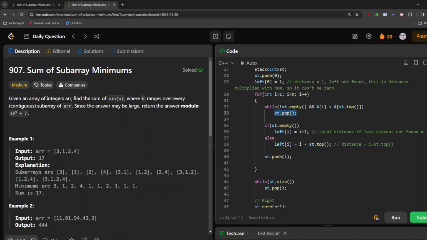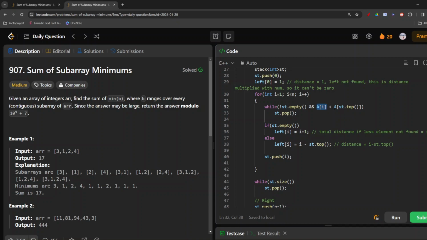Here we are trying to find the next smallest number. So we check whether whatever is at the top of the stack is greater than our present number, and then we eliminate all those entries. Here in the stack we are storing the index, not the distance.